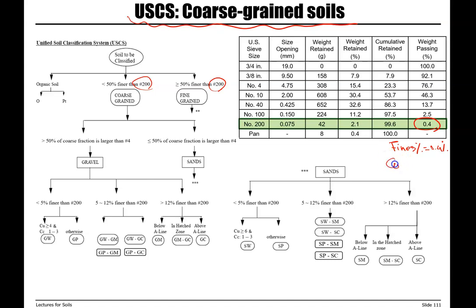Which means that our coarse is 100 minus 0.4, so we have 99.6% coarse material.